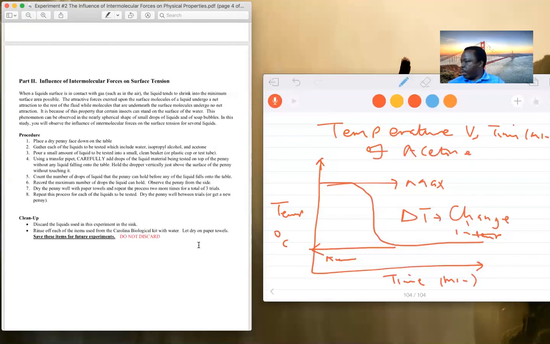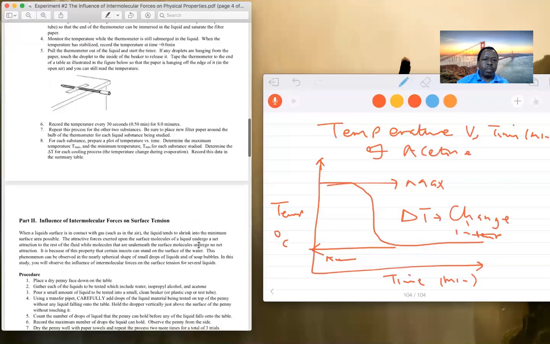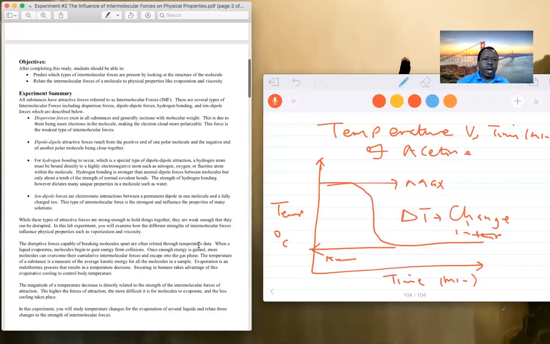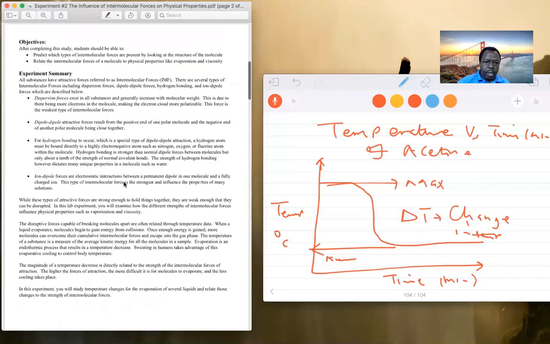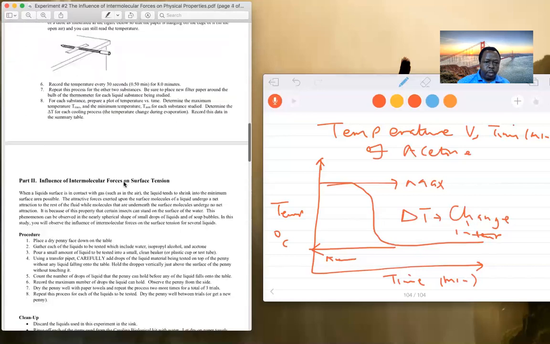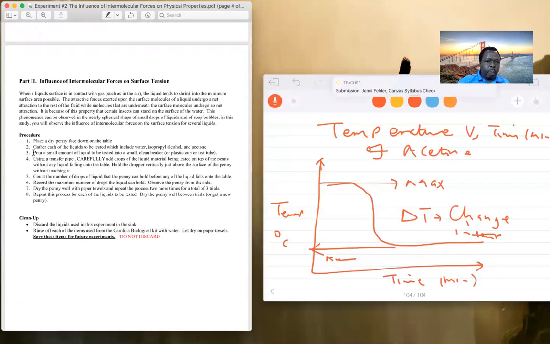And I'm going to use an object here, which is assumed to be the penny. Let's talk about using the penny. This is the penny you need in that last step, in which the direction is to place a dry penny facing down, all right?